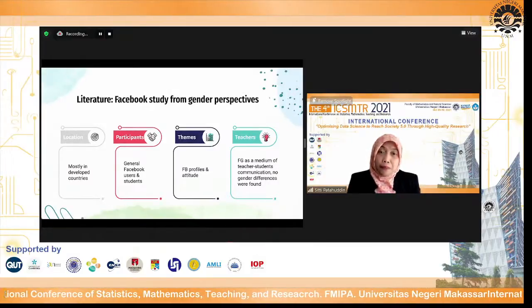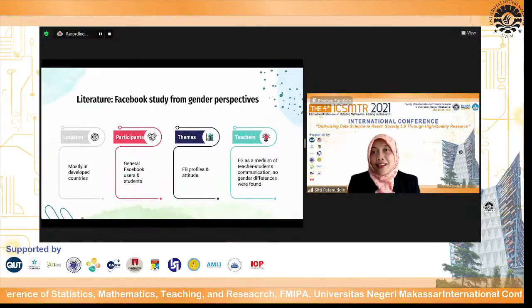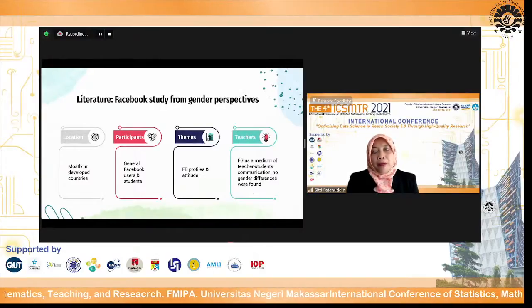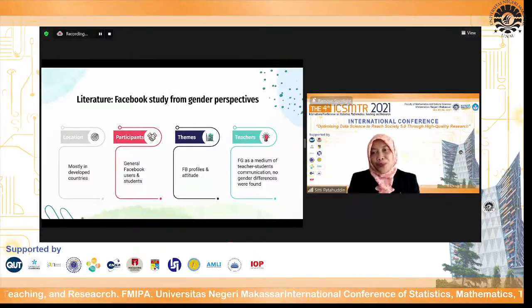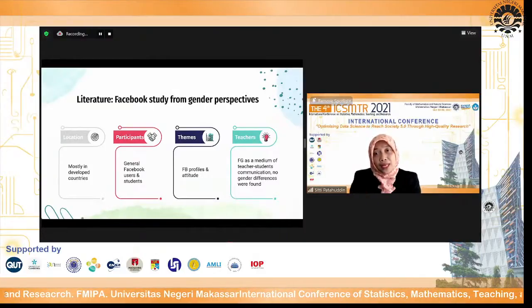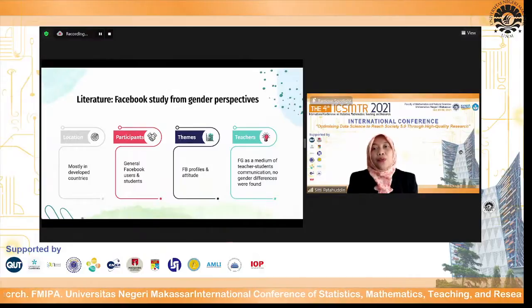Kemudian research participants dari studi-studi yang ada itu pada umumnya general users atau mahasiswa. Belum banyak yang tentang guru. Nah, lalu ada beberapa studi tentang Facebook sebagai medium komunikasi antara guru dan siswa, dan tidak ada perbedaan tentang interaksi guru laki-laki dan guru perempuan.